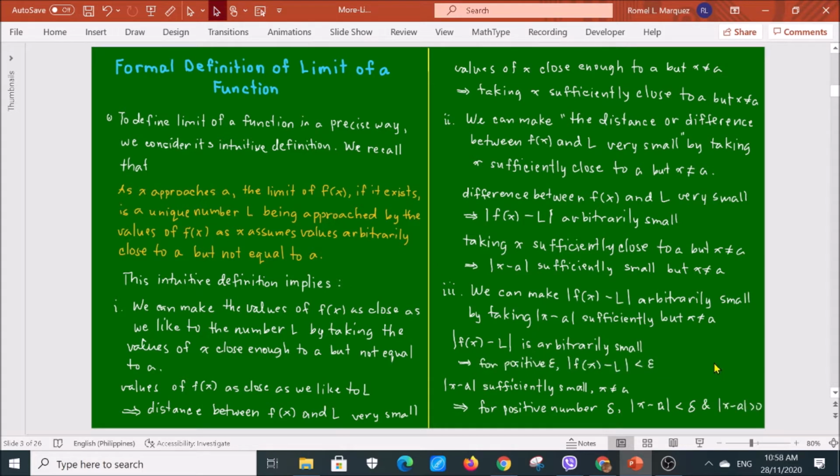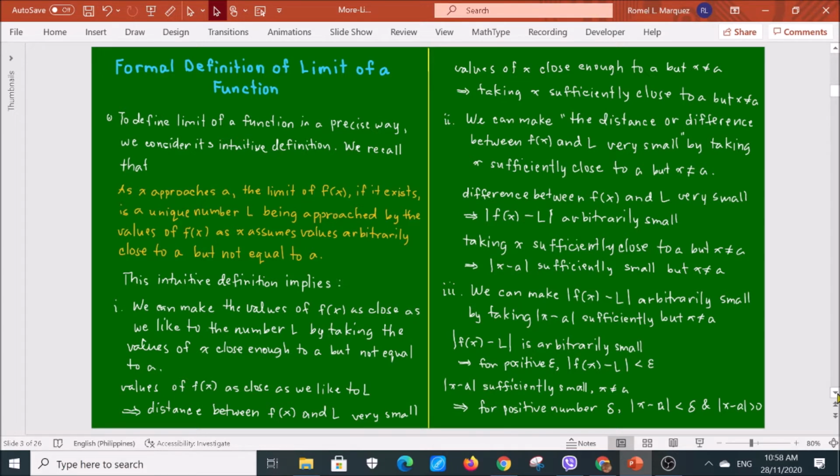Okay? So for positive epsilon, the absolute value of f of x minus L is less than that epsilon. So that's what that line means. And for x minus a sufficiently small, x not equal to a, for positive number delta, the absolute value of x minus a is less than that delta. And since x is not equal to a, the absolute value of x minus a is supposedly greater than 0.